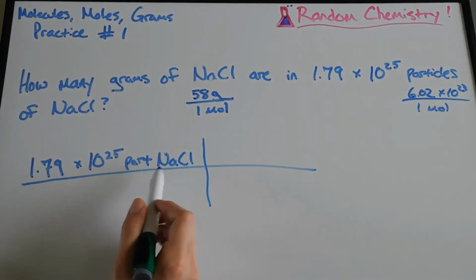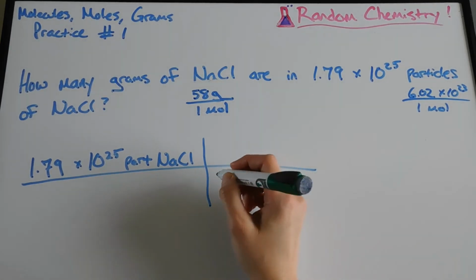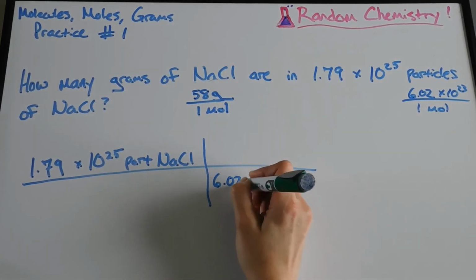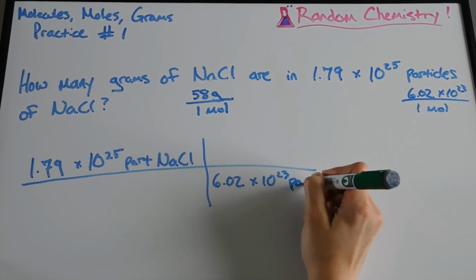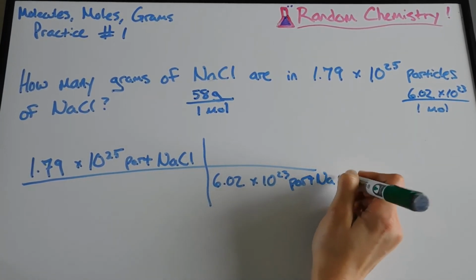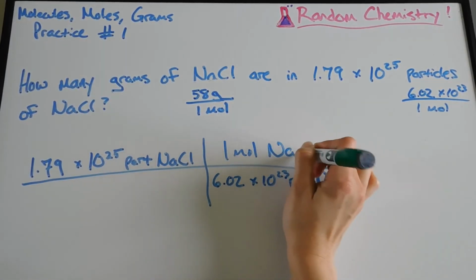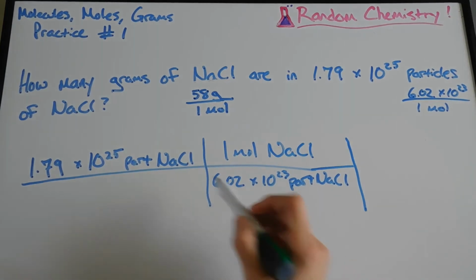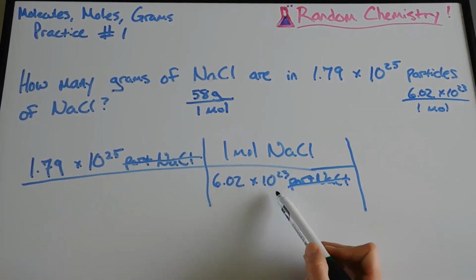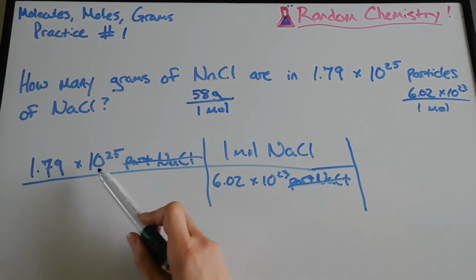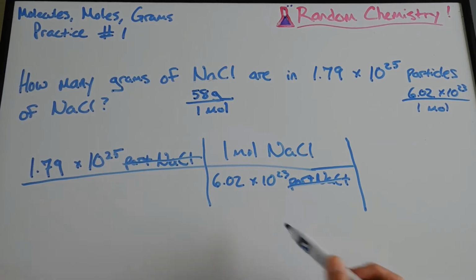If I have particles on top, I need particles on bottom, so I'm going to use Avogadro's number as a conversion factor, 6.02 times 10 to the 23rd particles of sodium chloride for every 1 mole of sodium chloride. So particles cancel, just the particles, not the times 10 to the 23rd, because it can't cancel out. You have 10 to the 25th and 10 to the 23rd.